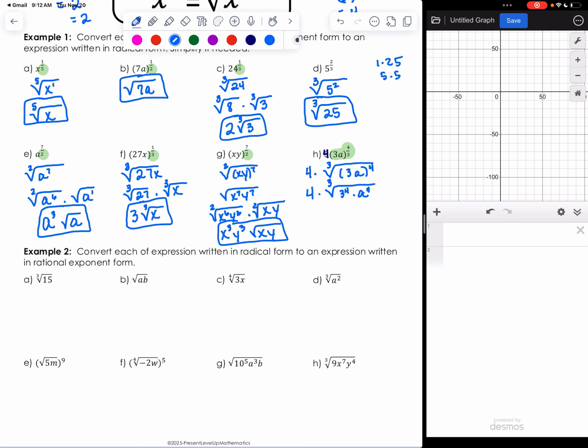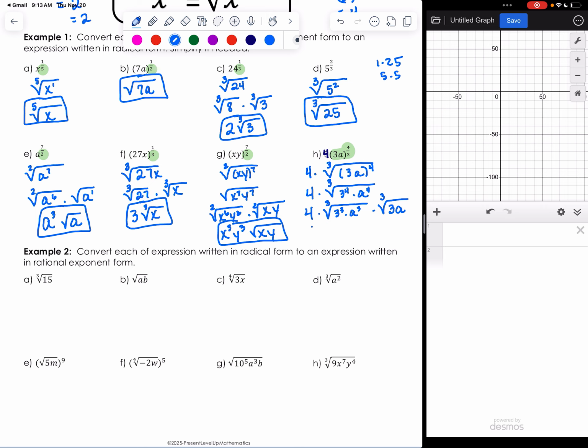Now, we can simplify this a little further because the exponent is larger than the index. So that means I can rewrite this as a product of perfect cubes. So this would be 4 times the cube root of 3 to the 3 times a to the 3, times the cube root of 3 to the 1 a to the 1.